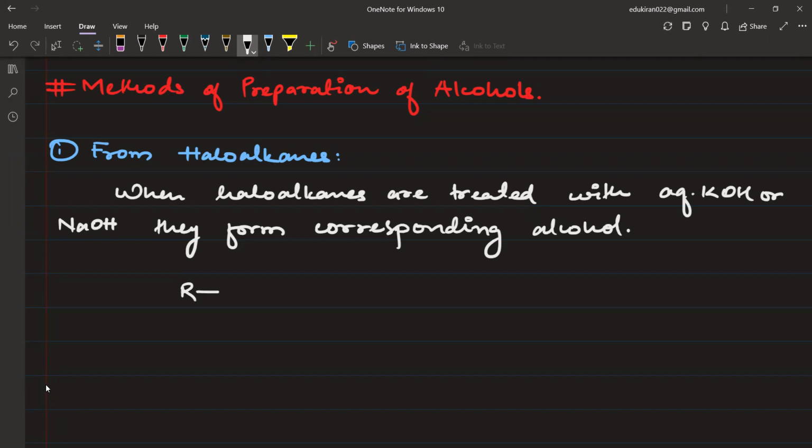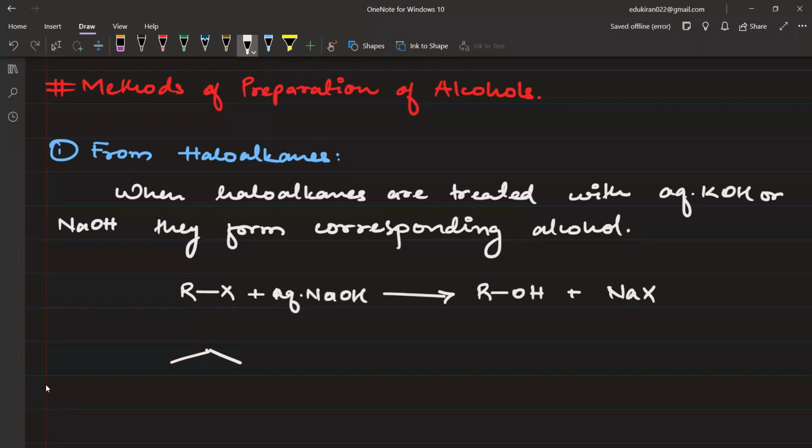If I have RX, alkyl halide, and I treat this with NaOH, and more importantly aqueous NaOH, then it is going to give me ROH plus KX or NaX. Similarly, if I have CH3CH2Br plus aqueous KOH, then it is going to give me CH3CH2OH plus KBr.